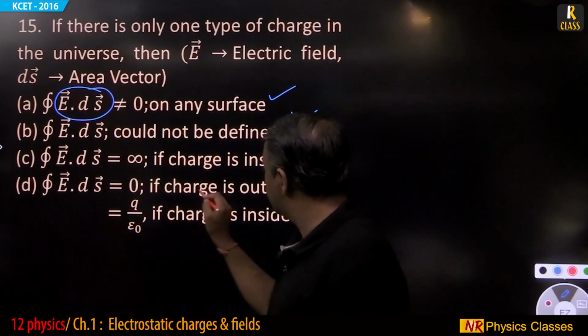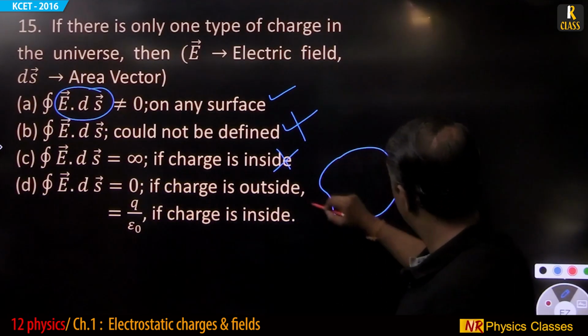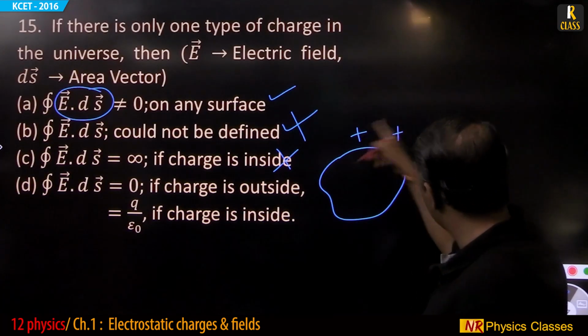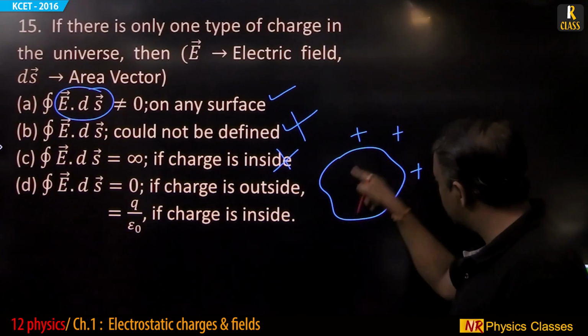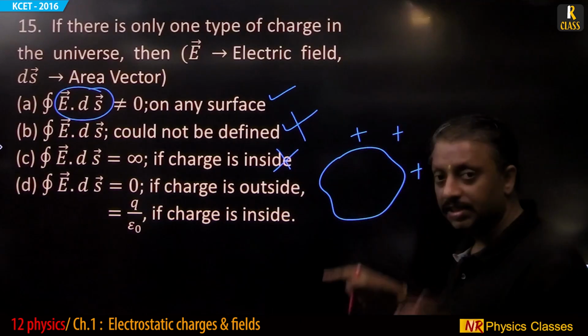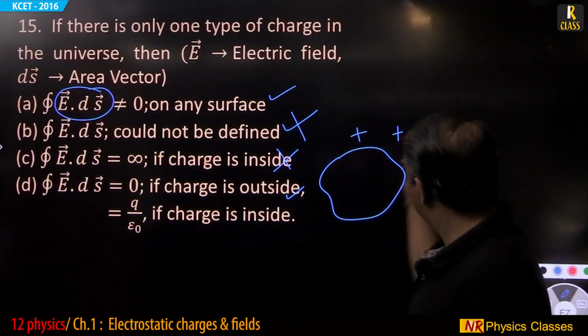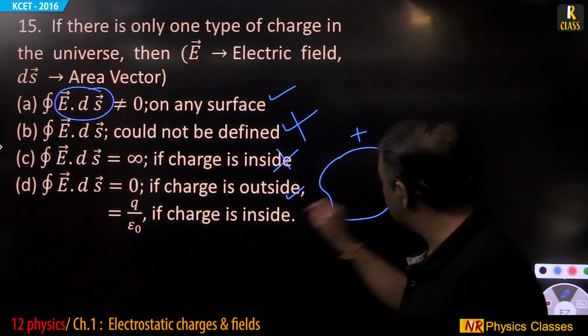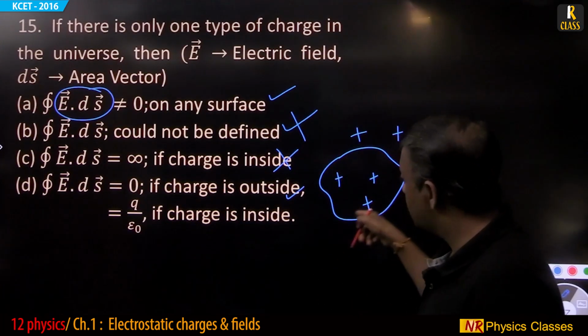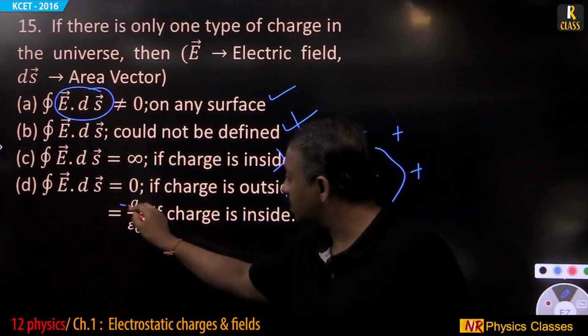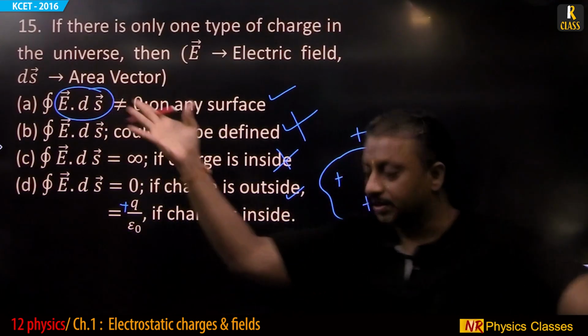Flux is 0 if charge is outside. True. If charge is outside, only one type of charge, then flux through this surface is 0. So this is right. If charge is inside, then flux is q by epsilon naught. Positive flux means outward flux.